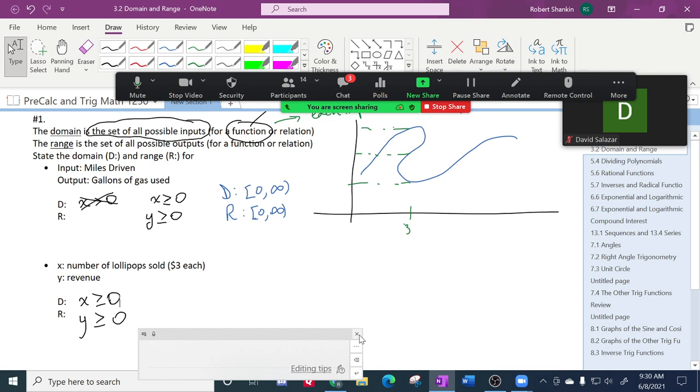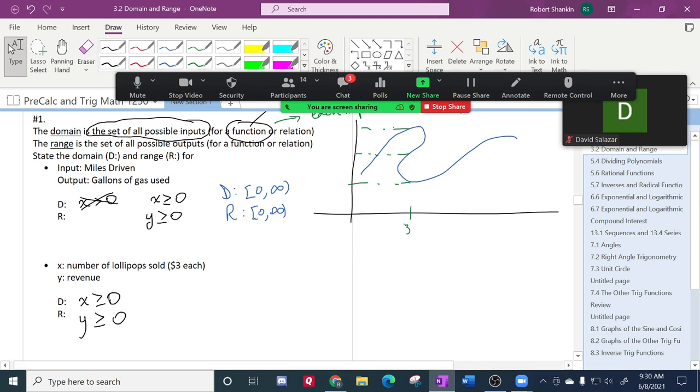Let's go into the chat real quick. Everybody tell me in chat if you agree that this is correct or disagree with this. Type your answer, but don't hit enter yet.